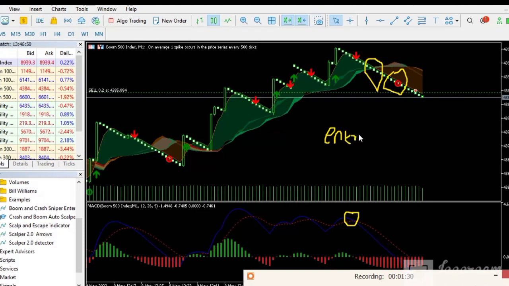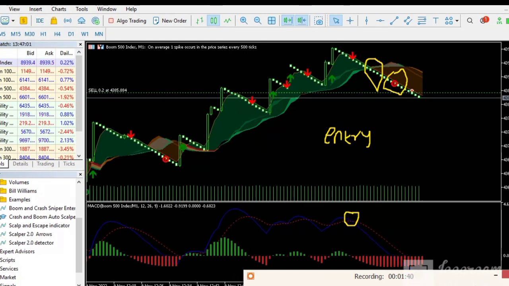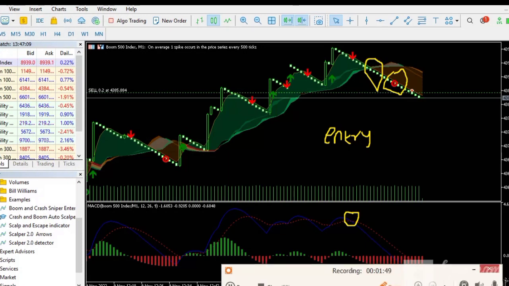Once we see these three things, the first thing you want to see is the red circle if you are selling the Boom. If you are buying the Crash, you want to see the green circle, and also you want to see the customized MACD changing from green to red if you are selling, and from red to green if you are buying.